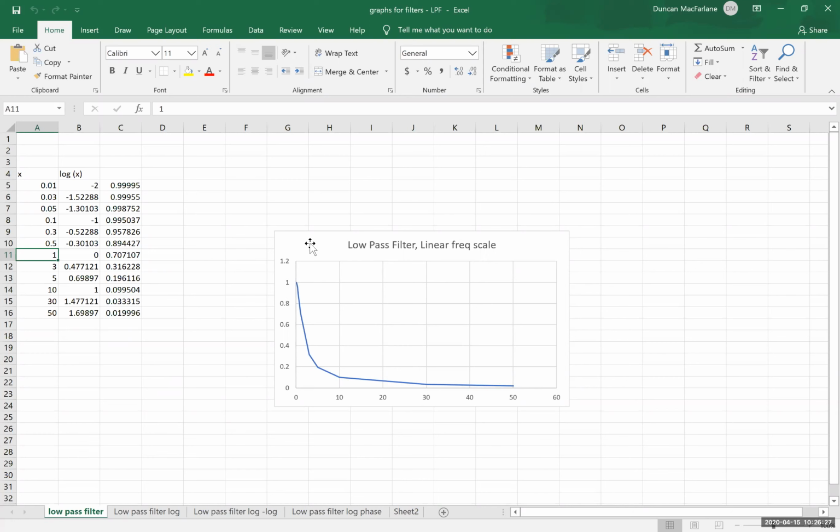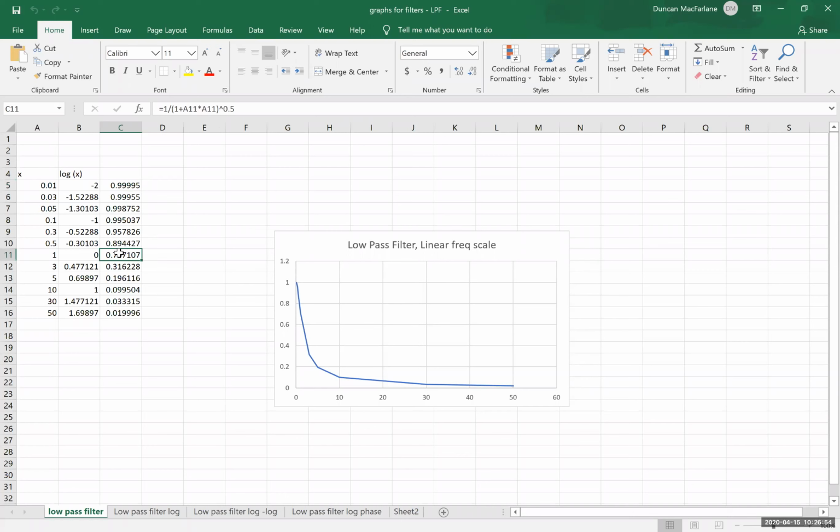And so here's our plot of the transfer function. Notice that it's just 1 divided by the square root of 1 plus x squared, or 1 plus omega RC quantity squared, all raised to the 1/2 power.